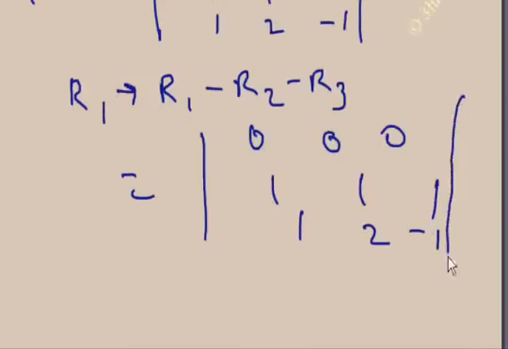So the first row is 0, so the rank is not 3, but the rank of A is 2.